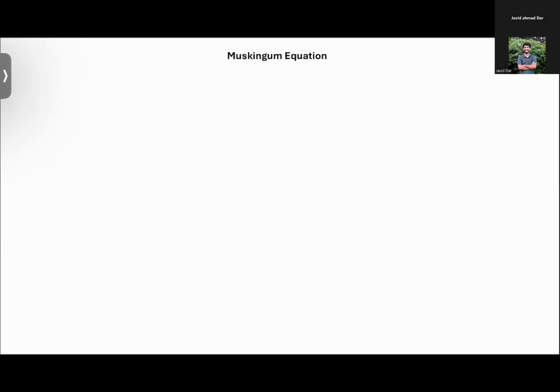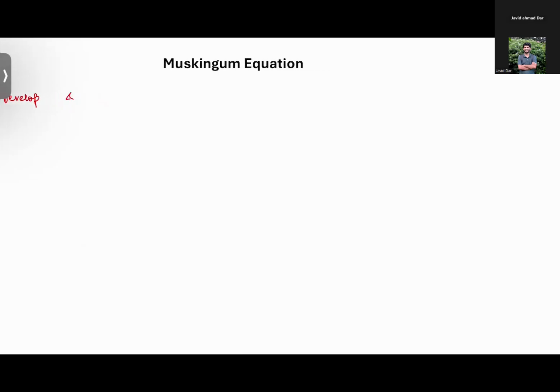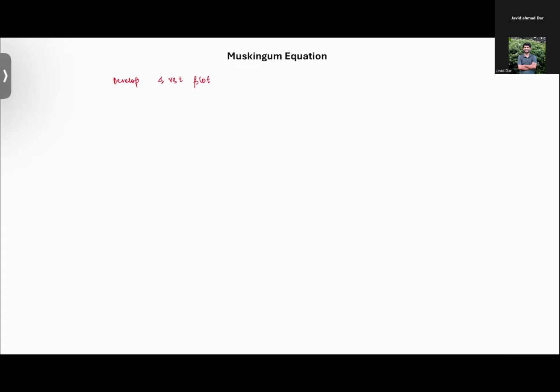We can solve a problem on this. Before solving the problem, what we do in these cases is develop an S versus t plot, and then for different values of x, we plot S with the above plot, and if it's linear, then the x that you have chosen is correct.